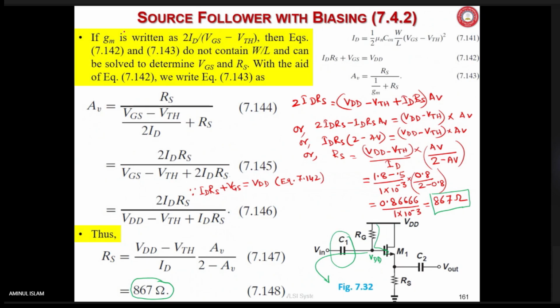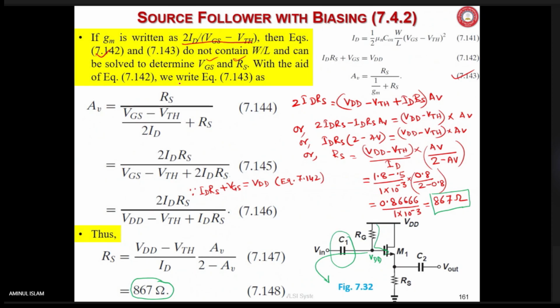If GM is written as this, then equations 7.142 and 7.143 do not contain W by L and can be solved to determine VGS and RS with the aid of equation 7.142.